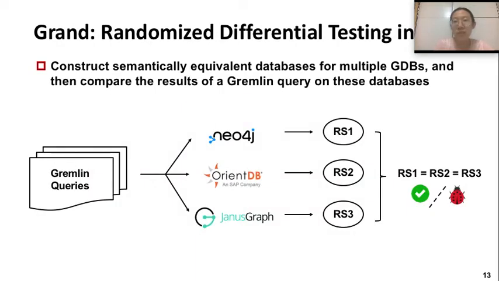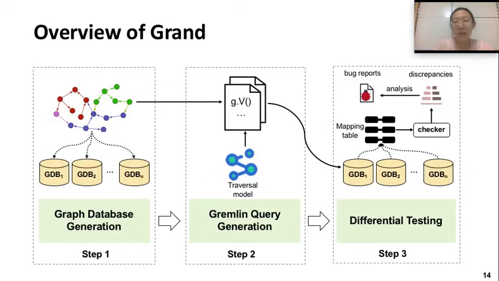To achieve this goal, we propose GRound for automatically finding logic bugs in Gremlin-based GDBs via randomized differential testing. The core idea of GRound is to construct semantically equivalent databases for multiple GDBs and then compare the results of a Gremlin query on these databases. So here you see, GRound includes 3 steps.